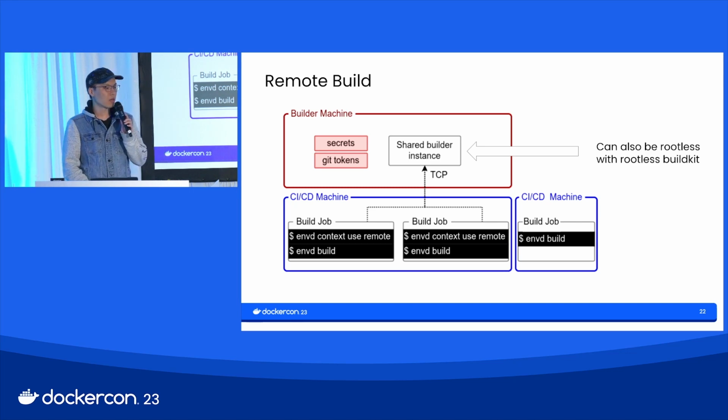Here's the figure. You have a CI/CD machine, and you do the context create and use. You can launch it from a GitHub Action machine, which has probably only one or two cores, to your dedicated build cluster, and finally push it to the remote registry.